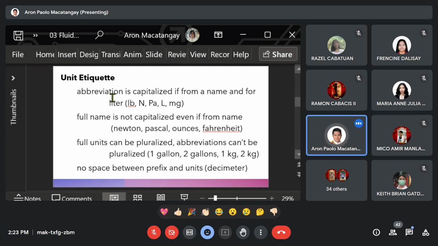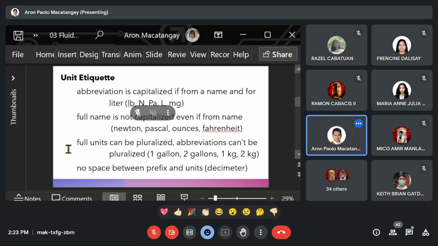Remember, this is for abbreviations. But if it does not come from a discoverer, like pounds, or for example in SI, milligrams, it is not capitalized. If it comes from a discoverer but is written as a full unit name, it is not capitalized even though it comes from the discoverer's name. For example, newton, pascal, ounces, or fahrenheit.